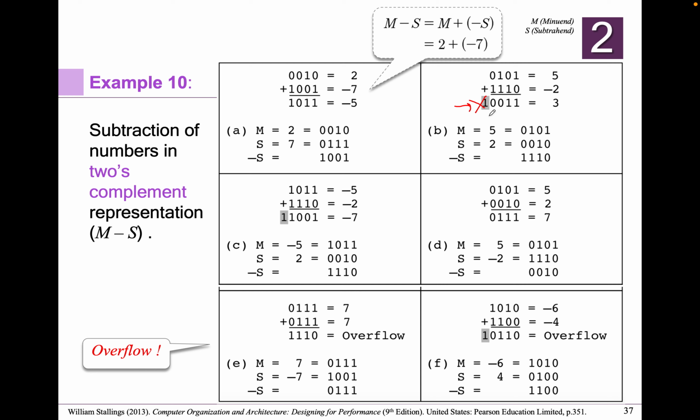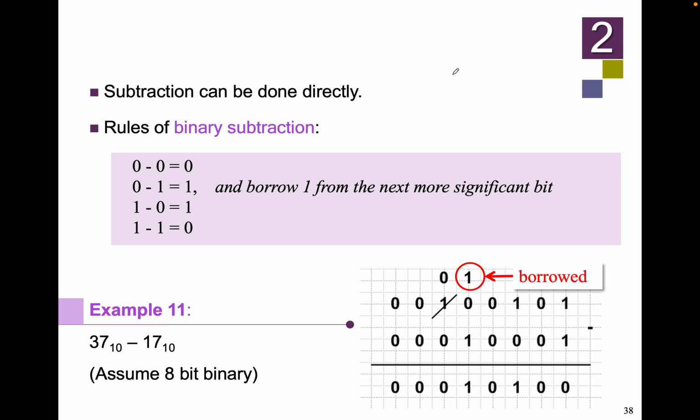So this is your answer, 3. And for this part you can also try whether you get it correct or not. Then you can see there are several numbers that have an overflow, although you are using the representations.